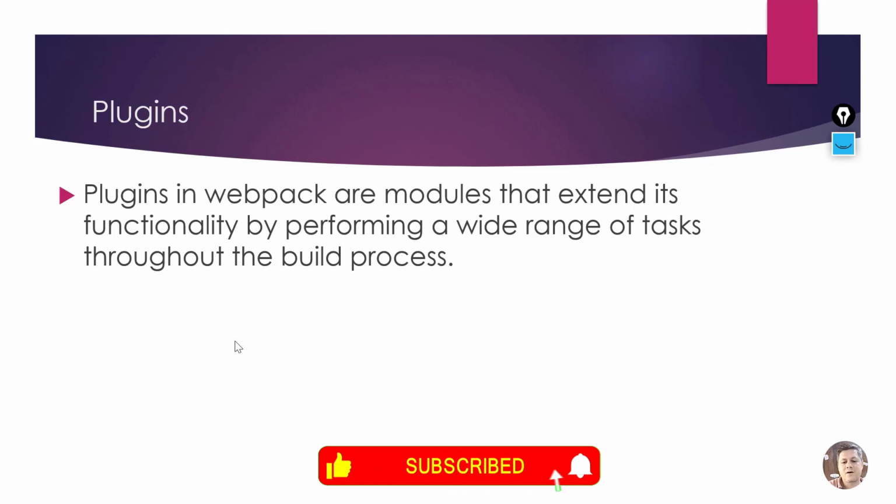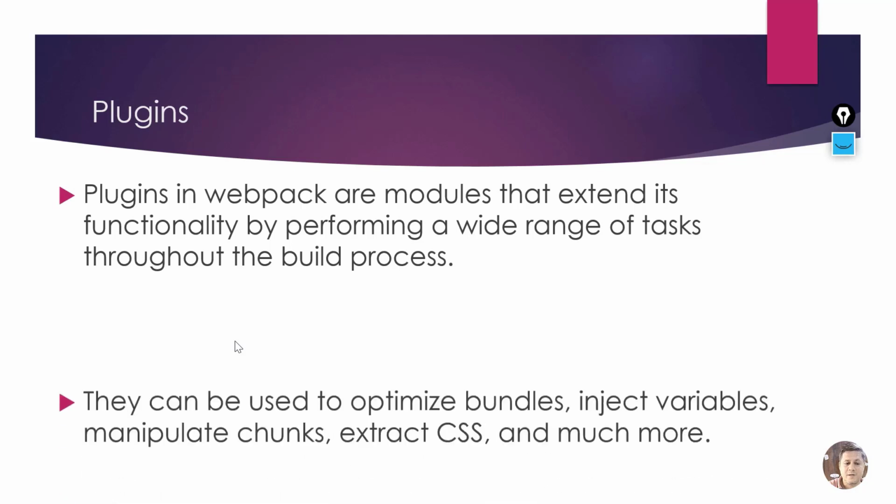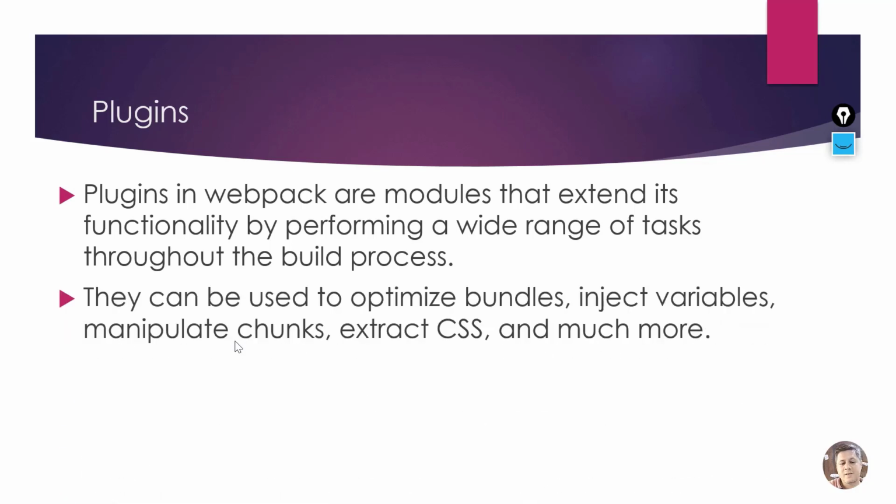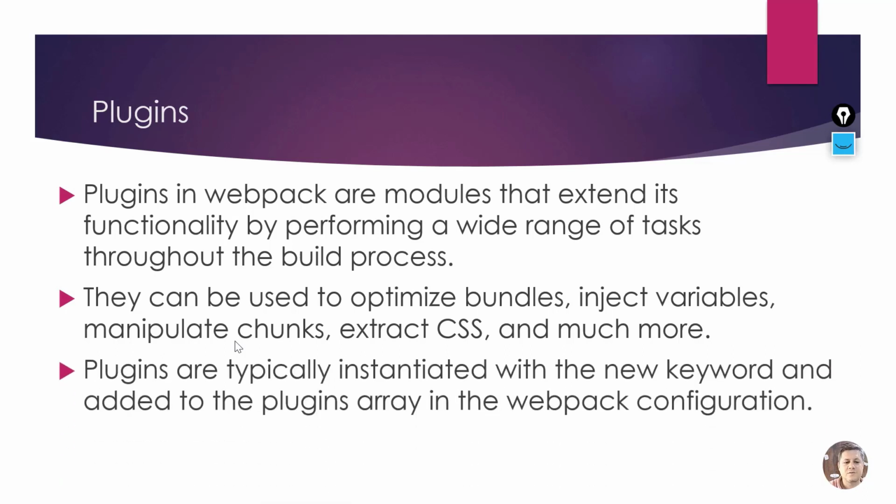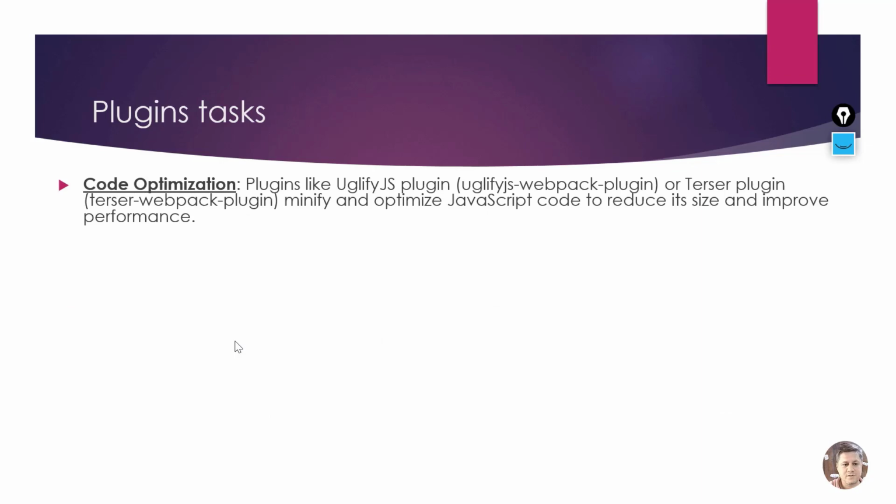Plugins in Webpack are modules that extend its functionality by performing a wide range of tasks throughout the build process. They can be used to optimize bundles, inject variables, manipulate chunks, extract CSS, and much more. Plugins have their own role, and they are instantiated with the new keyword and added in the plugins array of the Webpack configuration.